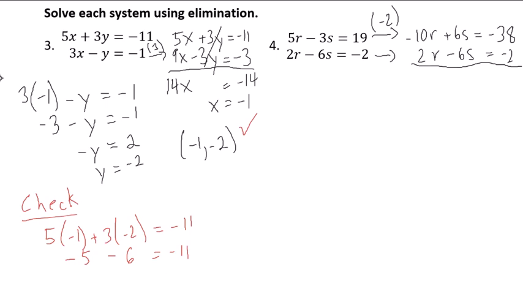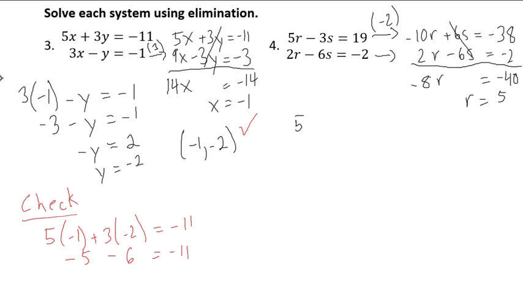Negative 10r and 2r give us negative 8r. The s's cancel. Negative 38 and negative 2 give us negative 40. Divide both sides by negative 8, and you get r equals 5. All right, now that we have r, we can go and find s. So I'll plug into the first equation.